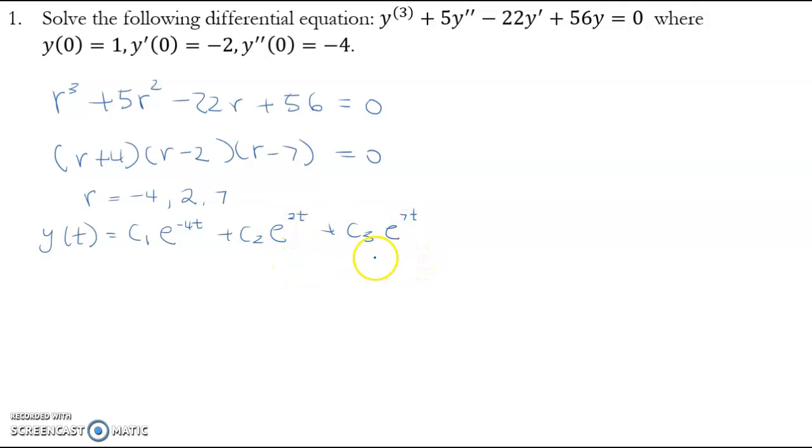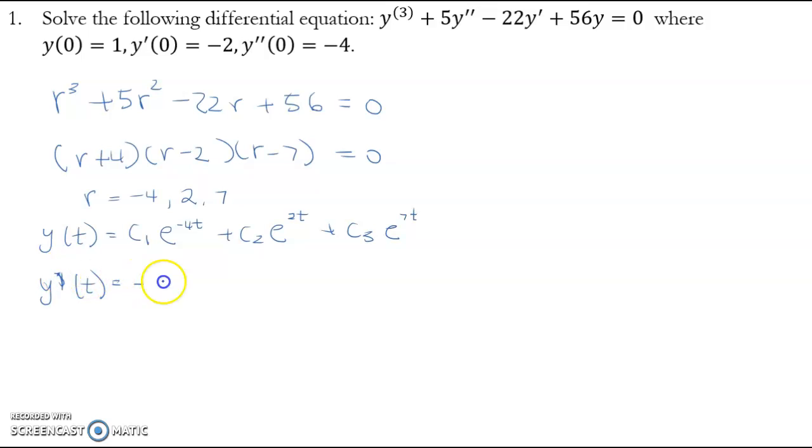So we would stop here if our boundaries were not given, but since they're given, we would have to go a little further to solve for C1, C2, and C3. To set up for solving them, I'm just going to take the derivative of the general solution that we found.